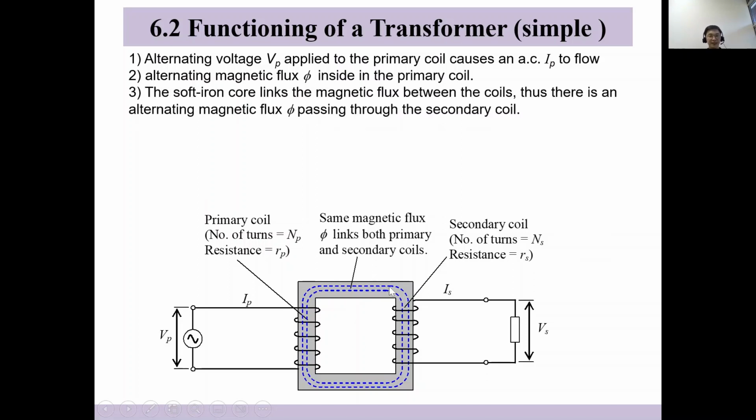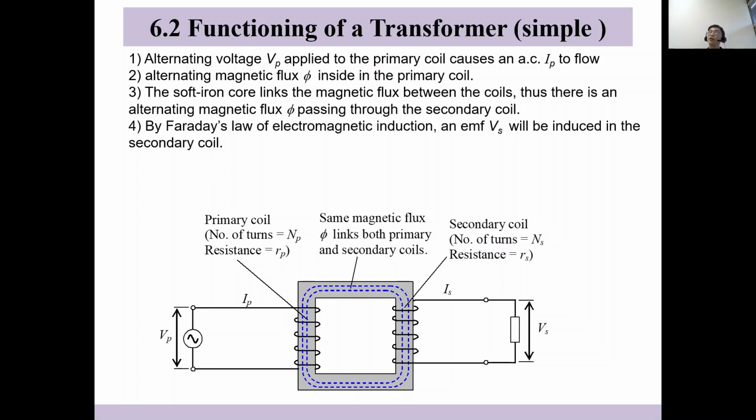Because there exists an iron core donut, right, that links the primary and secondary side, this means that there is therefore an alternating magnetic flux on the secondary side. Next, you need to use your knowledge in electromagnetic induction, EMI, by Faraday's law, right?